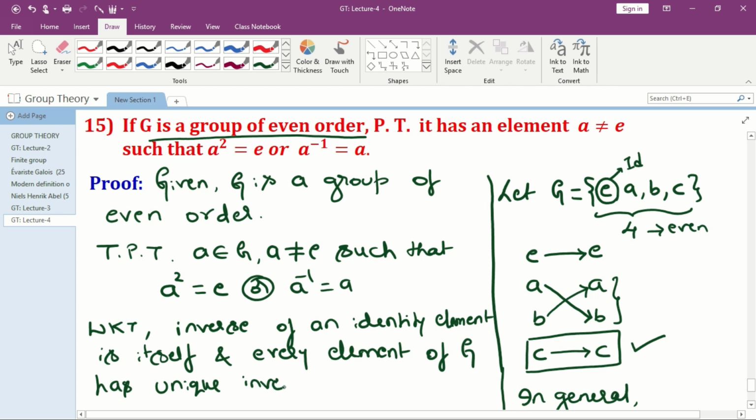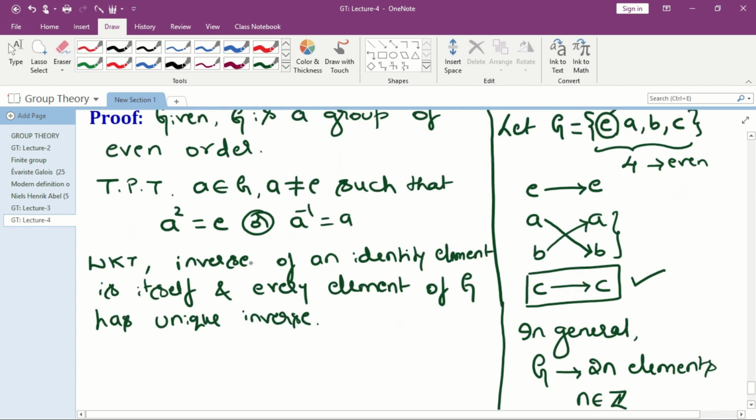Unique inverse means no element has two inverses. So what we have written: the inverse of the identity is itself, and every element of G has a unique inverse. So we get pairs of elements having inverses, and one element is the identity whose inverse is itself. Therefore, there must remain one more element whose inverse is itself.